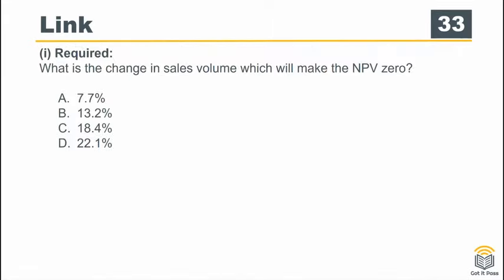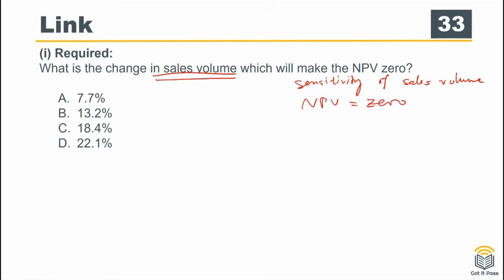The first requirement is asking you to calculate the change in sales volume which will make the NPV 0. Okay, bear in mind, we are asked to check the sensitivity of sales volume to make the NPV 0.